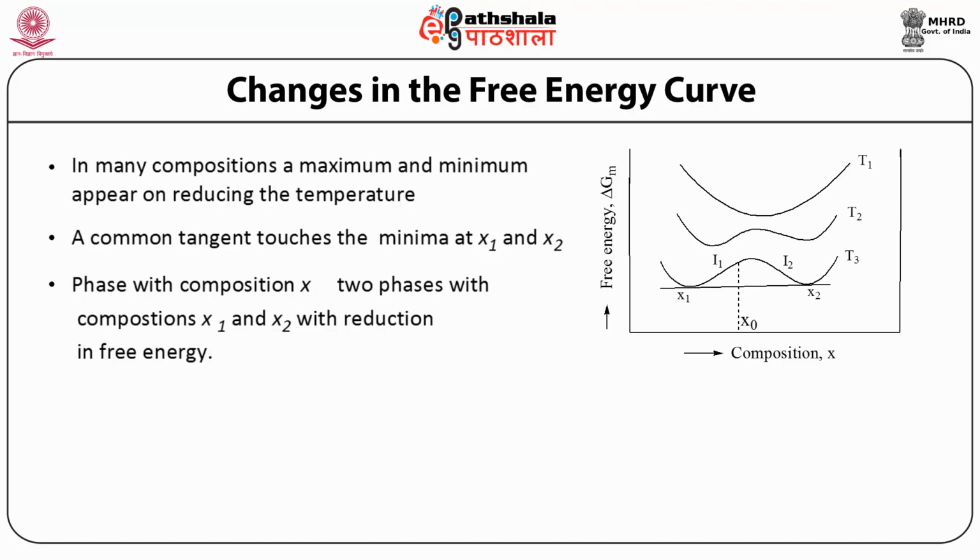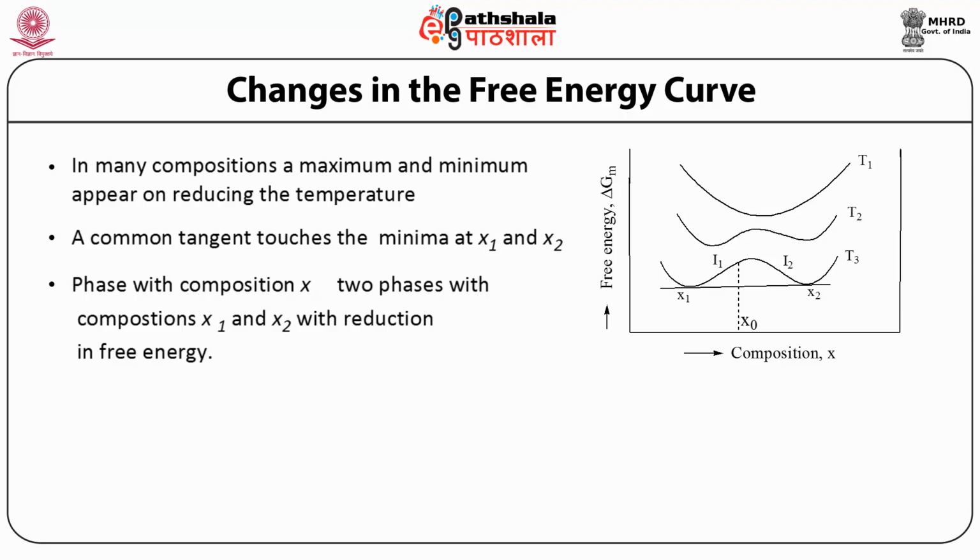From this equation, it is seen that the probability of the fluctuation will be large if the curvature of the free energy curve, d square G by dx square, is negative.